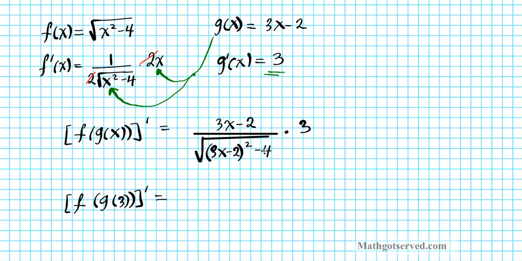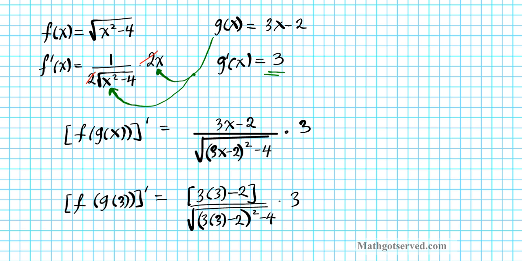We'll just plug it in and simplify, okay? So plug in 3. 3 times 3 minus 2 divided by the square root of 3 times 3 minus 2 squared minus 4, times 3.